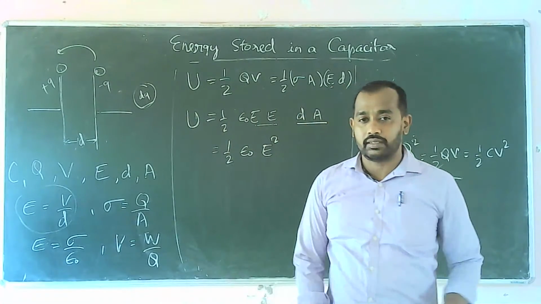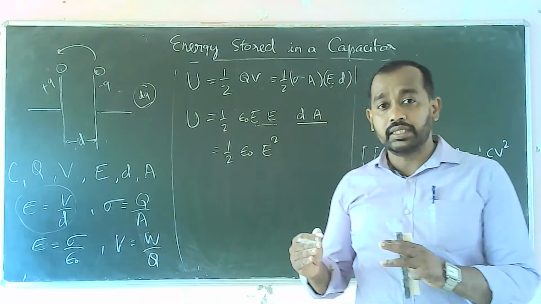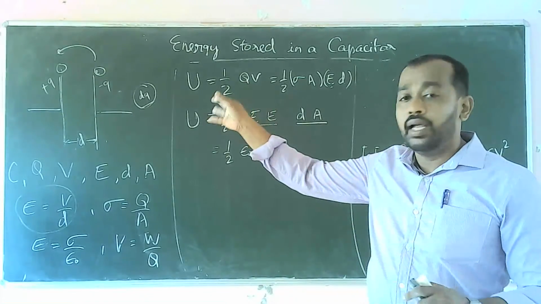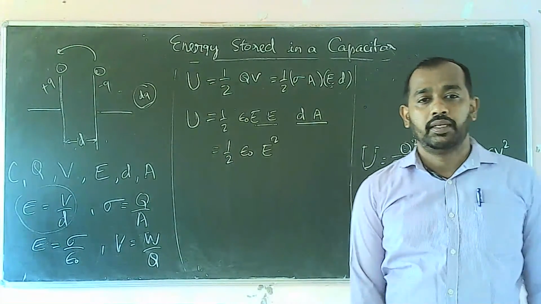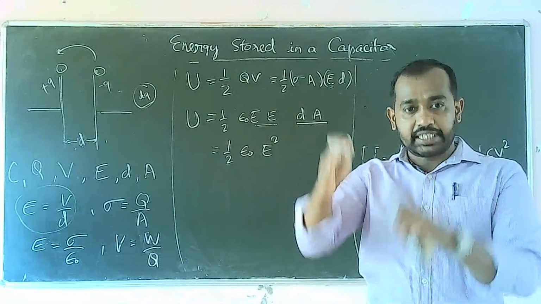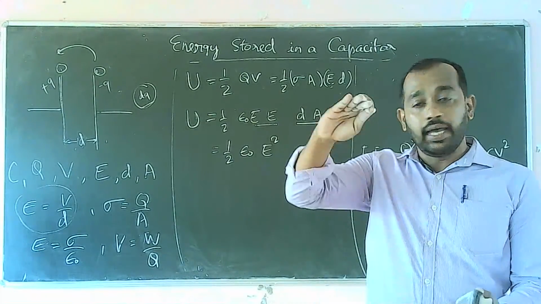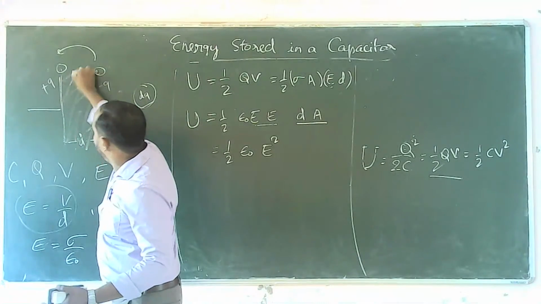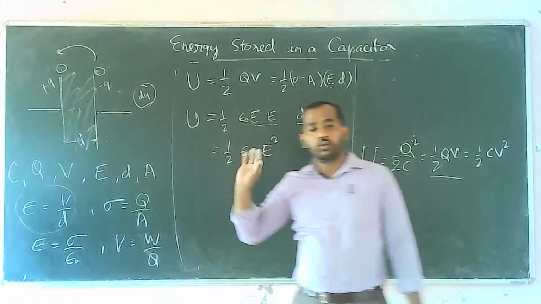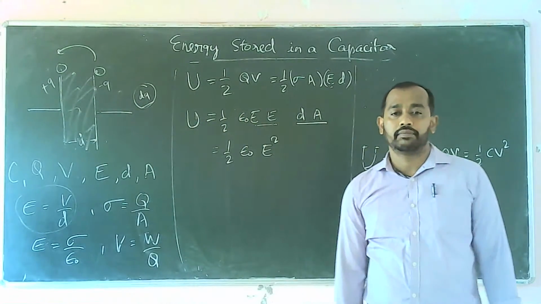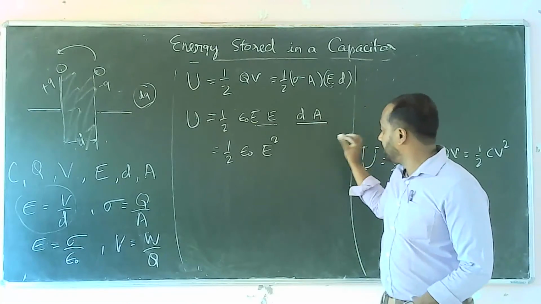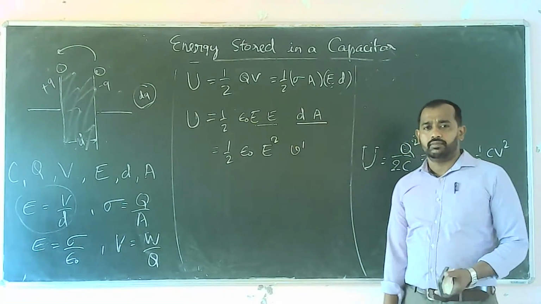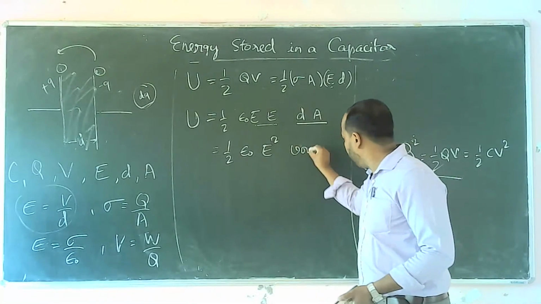What does it represent? It represents the volume of the space between the plates of the capacitor. Area of the plates into distance between the two plates represents the volume between the two plates of the capacitor. So I will represent it as V dash, or I will just write it as volume.